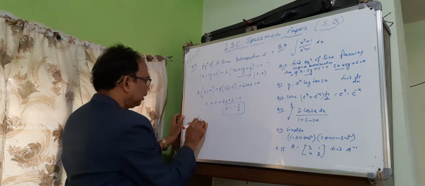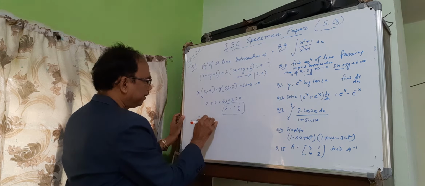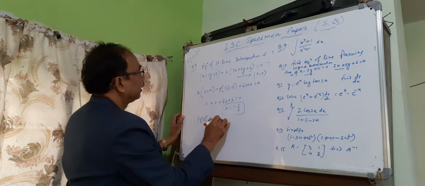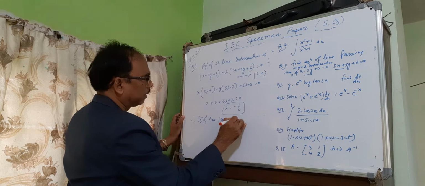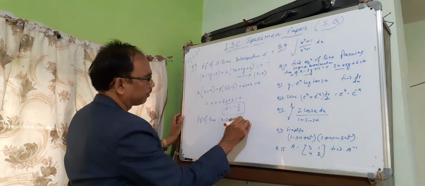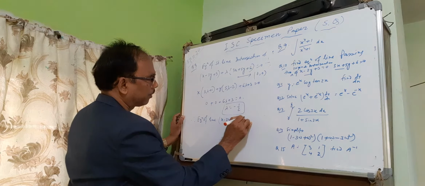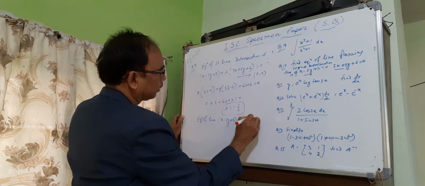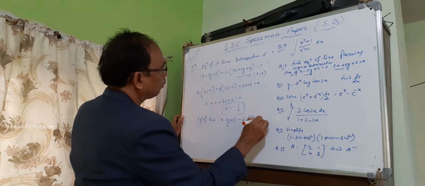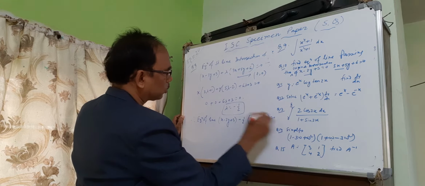Therefore, the equation of the line: x minus 2y plus 3 plus, lambda value minus half, into 3x plus 5y plus 6 equals 0.